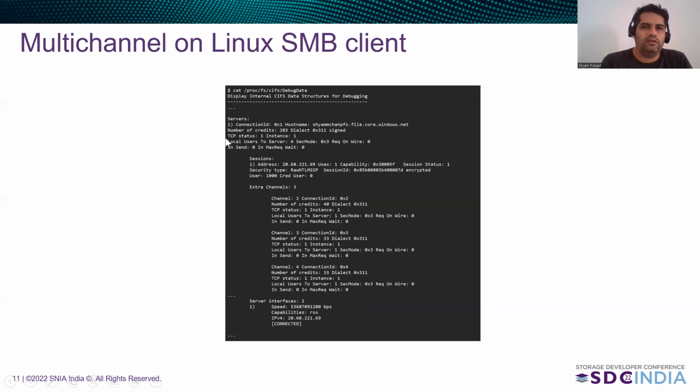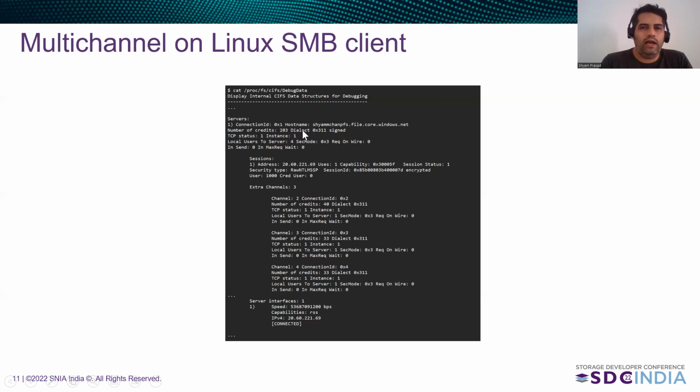One is a primary connection, which was indicated by number 1 there, and then 3 extra channels which come up under the session below. So this is how SMB multi-channel is designed in the SMB protocol.